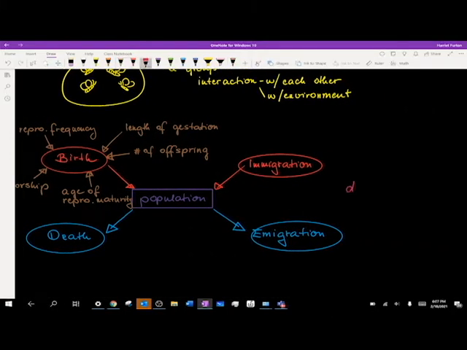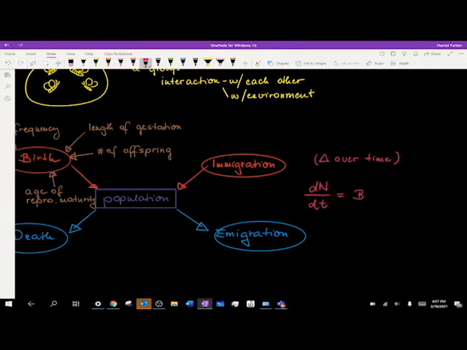To figure out the change over time for the population, dN over dt means the birth plus the immigration minus the death plus emigration.